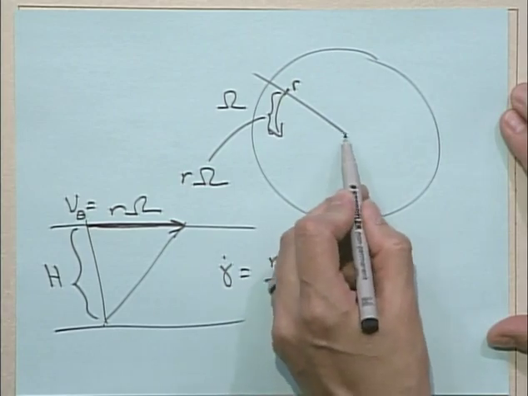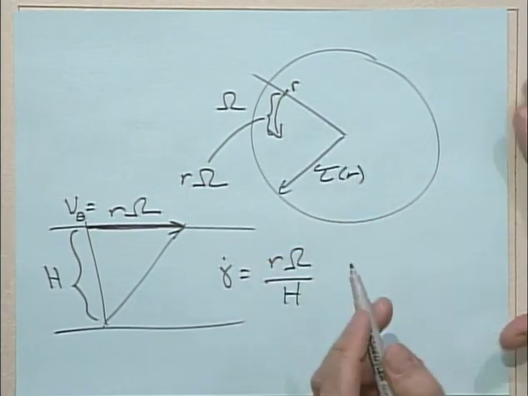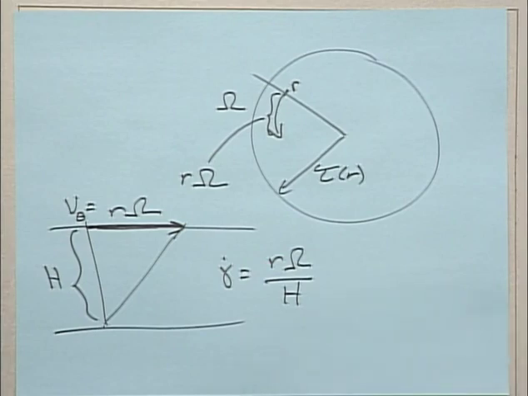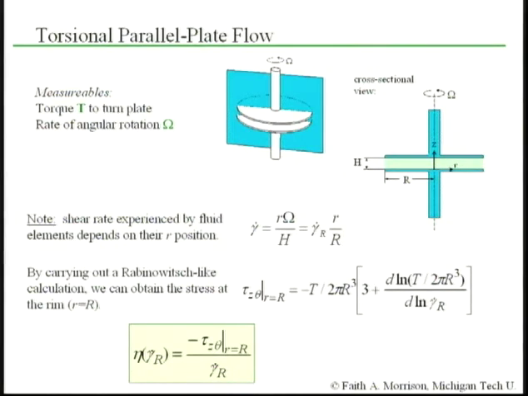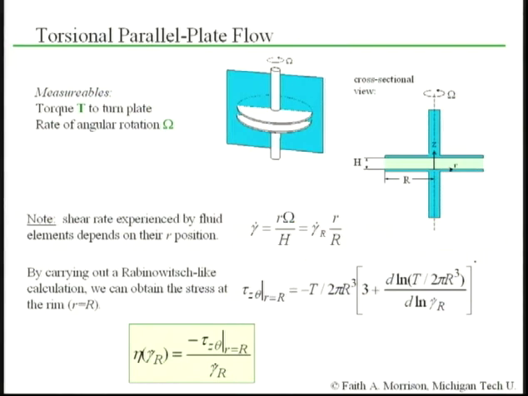The stress varies also with radius. And so we have a little bit of a problem. We have to do a similar analysis to what we did on the capillary tube. And it turns out to be exactly analogous to the capillary result. And you can even see by looking at the final result for the stress, the similarities.